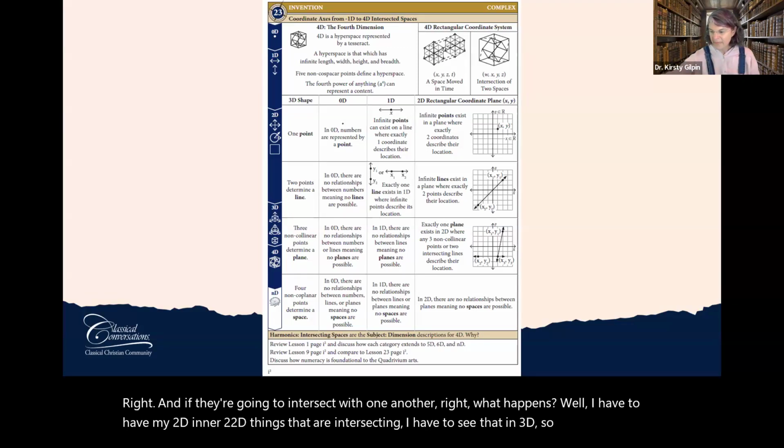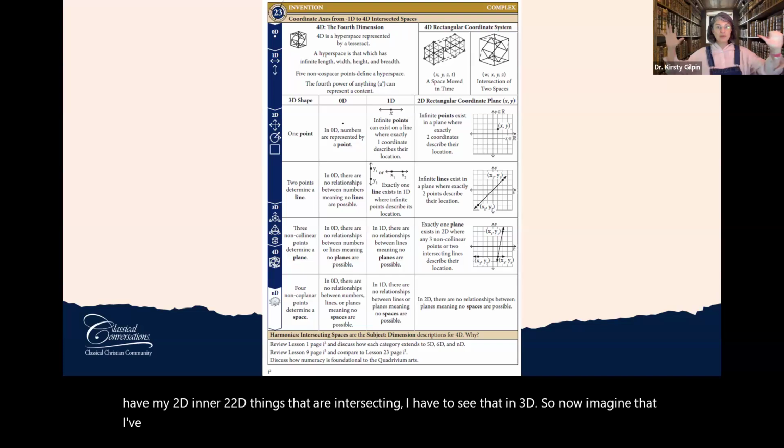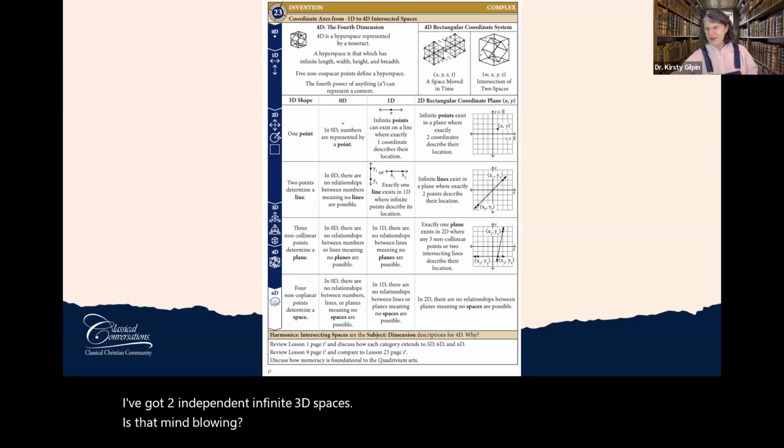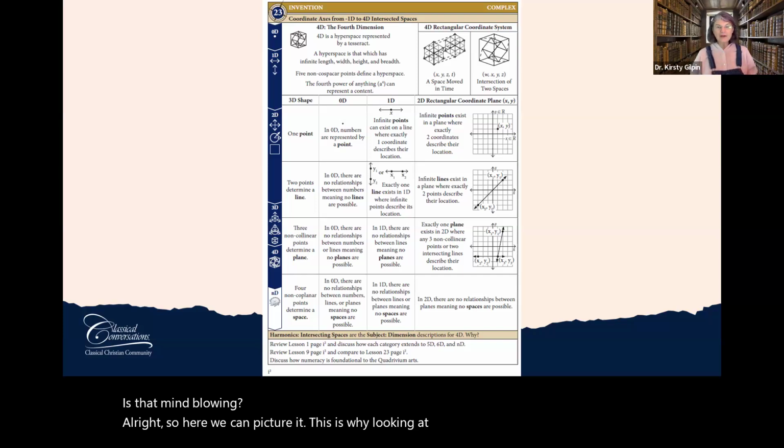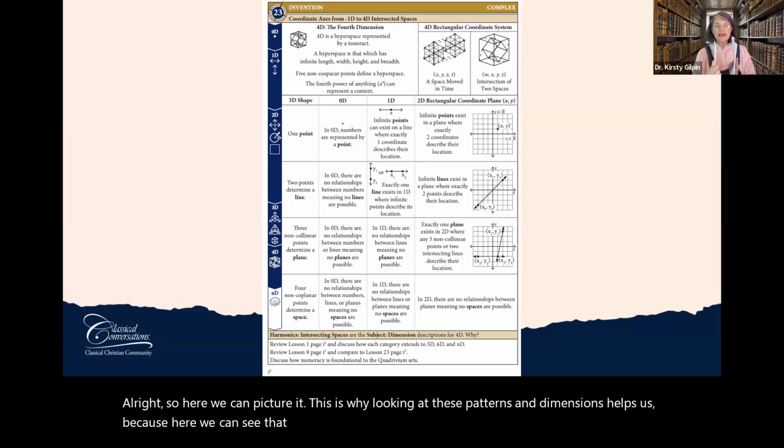So now imagine that I've got two independent infinite 3D spaces. Is that mind-blowing? So here we can picture it. This is why looking at these patterns and dimensions helps us, because here we can see that these two infinite 2D spaces can coexist in 3D.